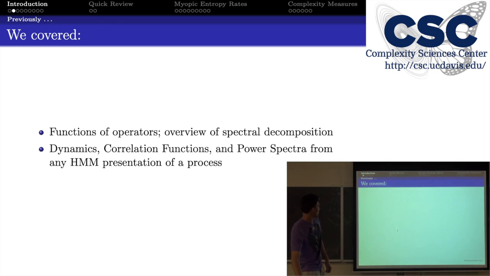Okay, so just a little bit of review of what we covered. Last time there was some talk of functions of operators, an overview of spectral decomposition, and I'm glad we got some of that introduced, because I think we'll be using even more of it today. And of course, we talked about specific general results, including dynamics, correlation functions, power spectra.